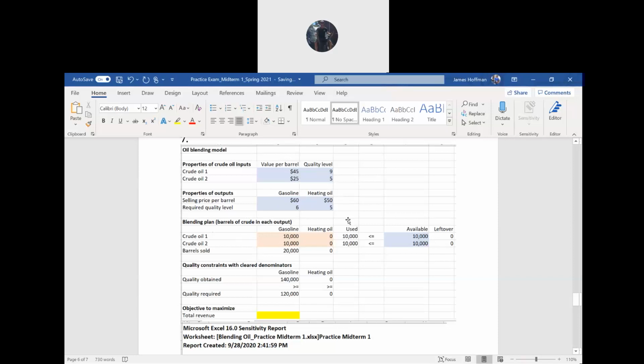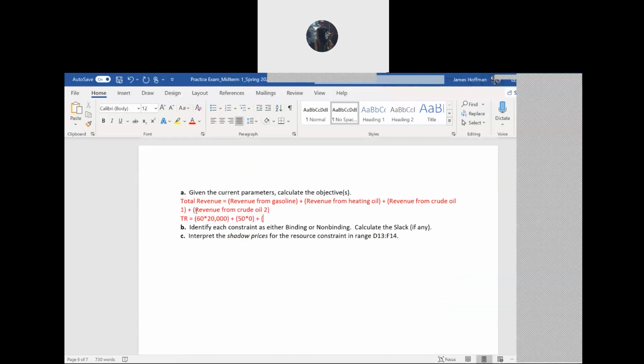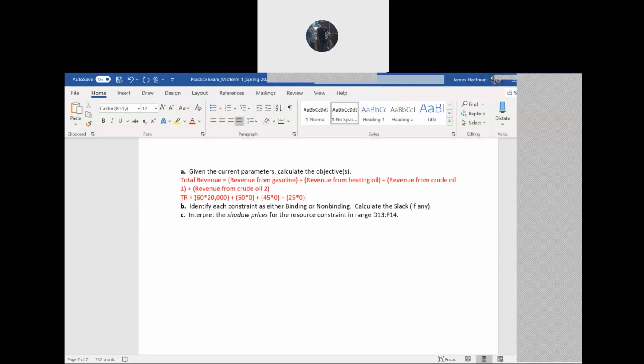But if you had values here, here, or here, you'd have to multiply those by the price and get the revenue from those other items. But in this case, crude oil 1, no revenue, and crude oil 2, but I'll put the prices and the quantities in there: 45 times 0 plus 25 times 0. Okay, so this is the sum of all the revenues, even though these three are 0.